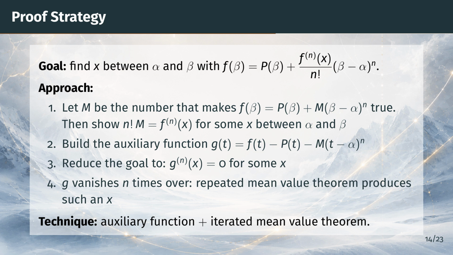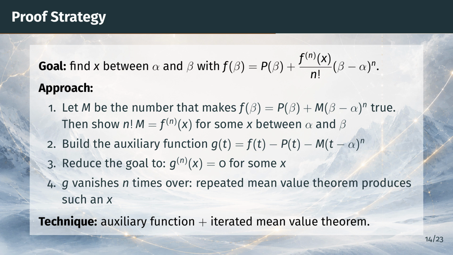The whole burden then shifts to showing that n factorial times M is a value of the derivative of order n. Step 2. We package everything into one auxiliary function g, the difference between f and its polynomial prediction, corrected by the M term. Step 3. The goal becomes simply that the derivative of order n of g vanishes somewhere.